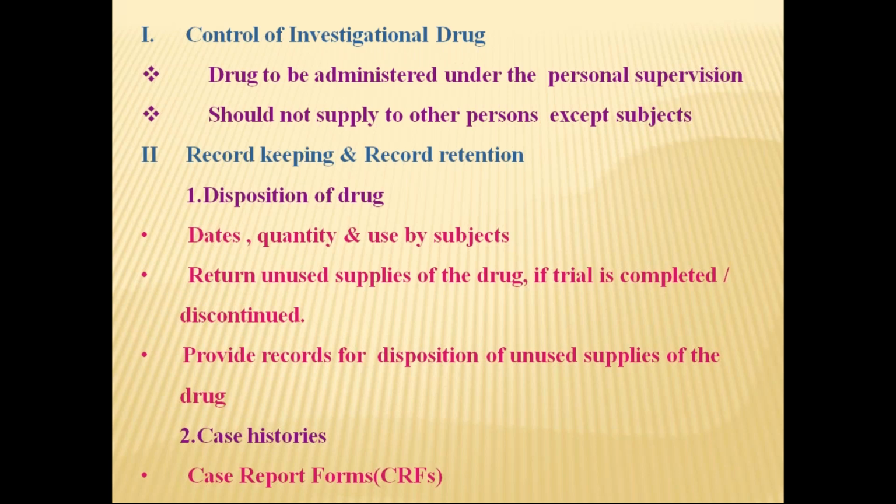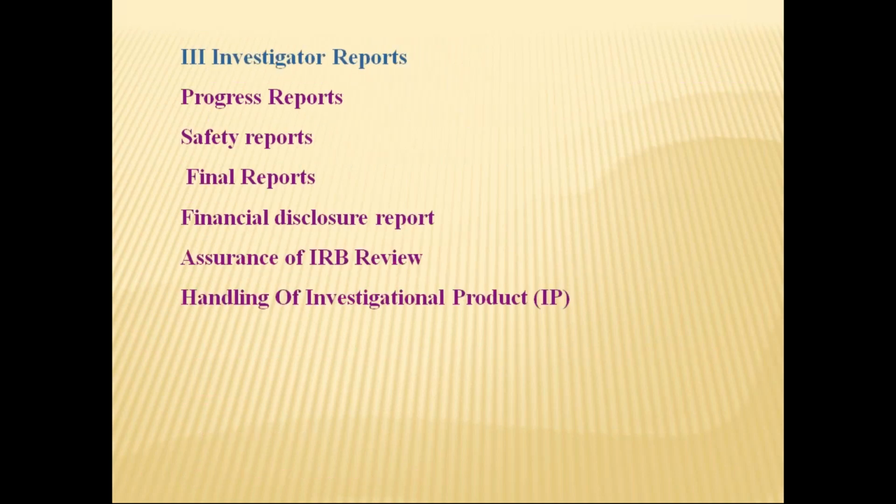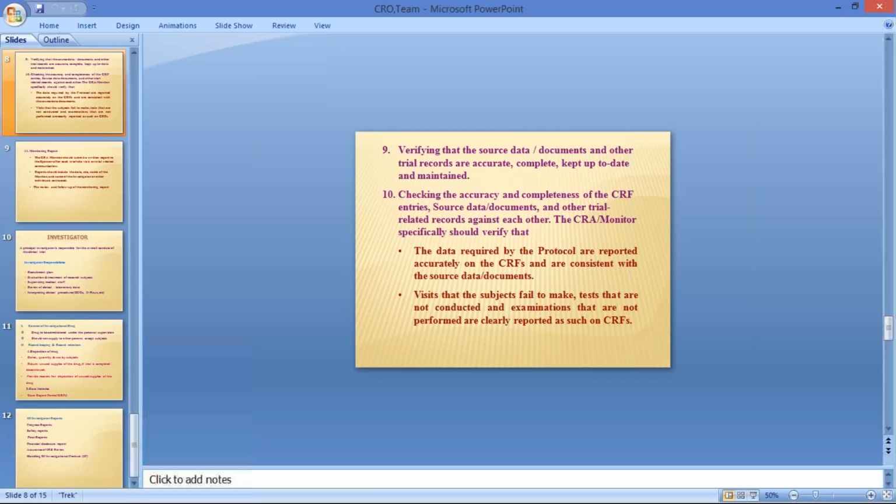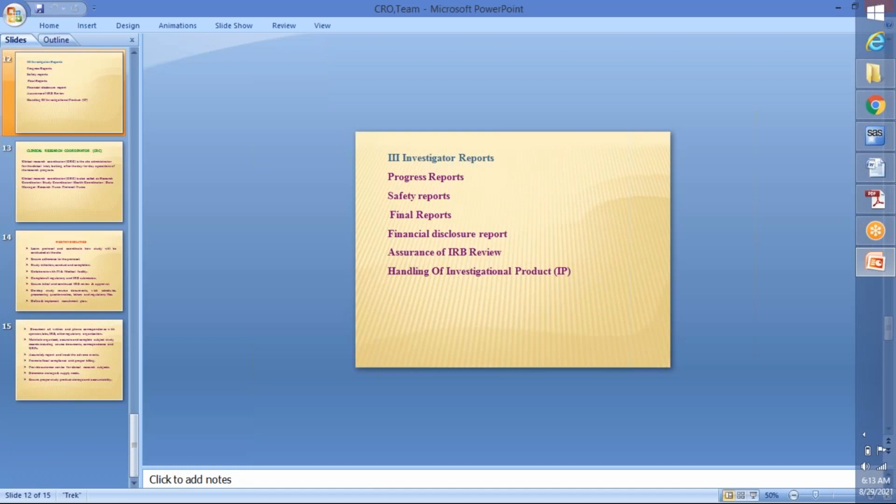Provide records for the disposition if the product is disposed of. So case histories, CRFs, they maintain the CRFs. They will also maintain other reports like progress reports, safety reports, final reports, financial disclosures, assurance of IRB, handling of IP.